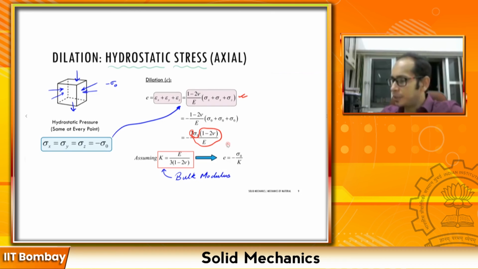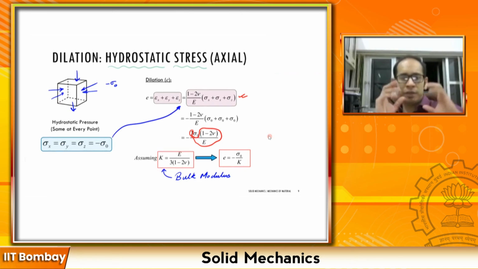So simply, this expression at the very end of the day can be reduced to a very simple expression for the state of stress when you have a hydrostatic state of stress, that is a body underwater having the same sigma along all the directions. What you essentially get is that your dilation, that is the E, the change in volume divided by the original unit volume, is going to be the negative of the hydrostatic stress, that is sigma naught, divided by the bulk modulus K, right?